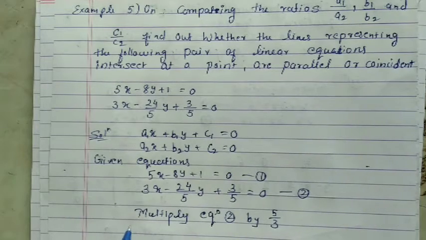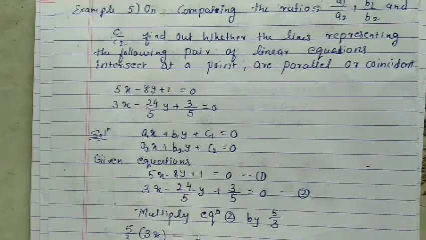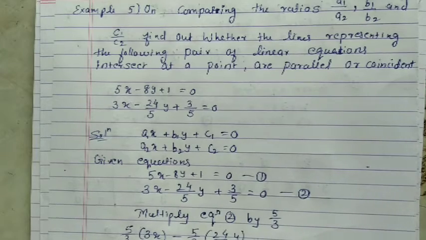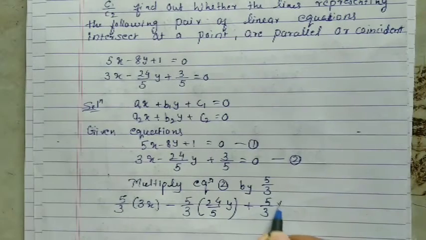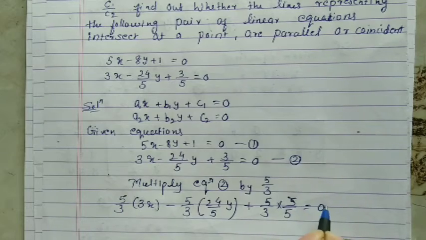So we will write that 5 upon 3 into 3x minus 5 upon 3 into 24 upon 5 y plus 5 upon 3 into 3 upon 5 is equal to 0.